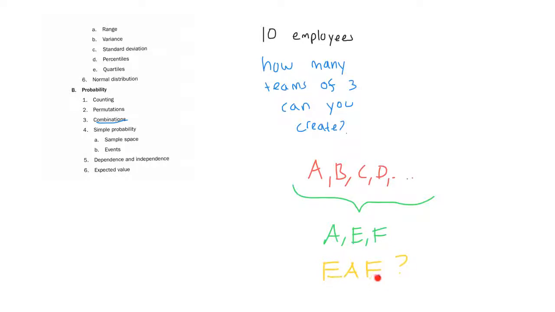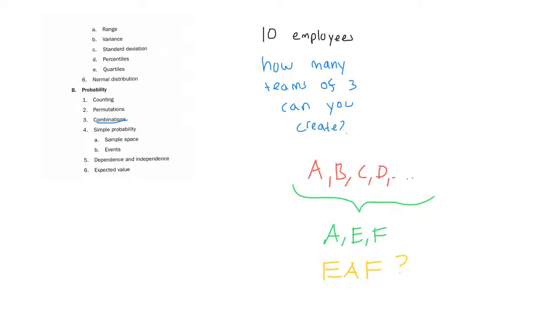It does not matter, because this is the exact same team, right? It's still the same 3 people. It's still the same team. So when the order by which you list them does not matter, that's when you want to do combinations.